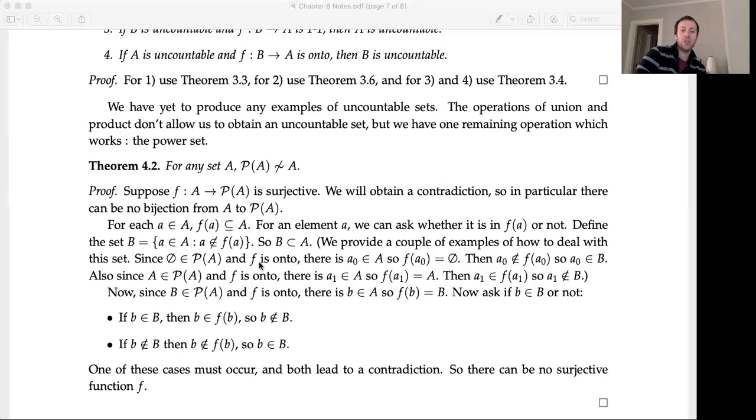If F is onto, some element of A has to be assigned to this subset, and that can't happen.